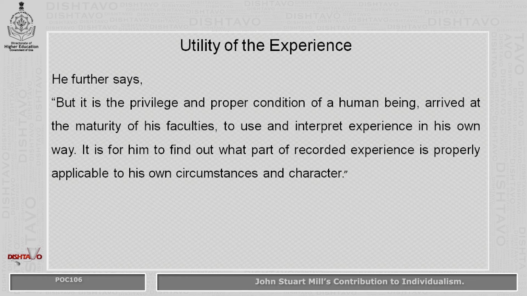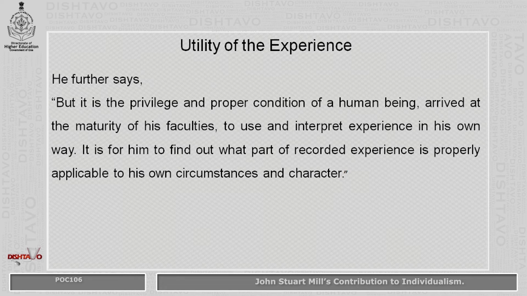So J.S. Mill is suggesting that the person should be able to utilize the experience in a more humane manner. It is the privilege and proper condition of a human being to utilize the recorded experience according to his own circumstances.